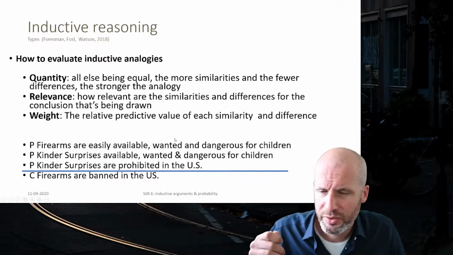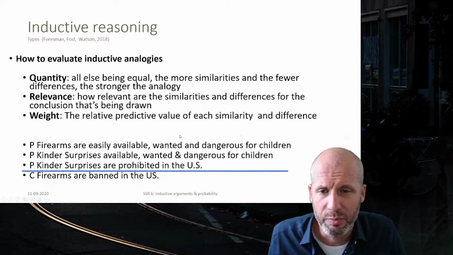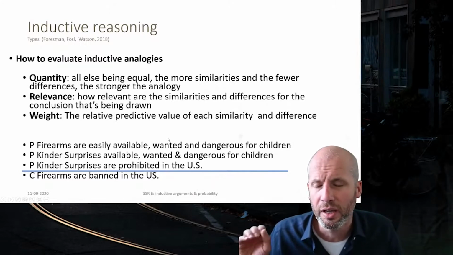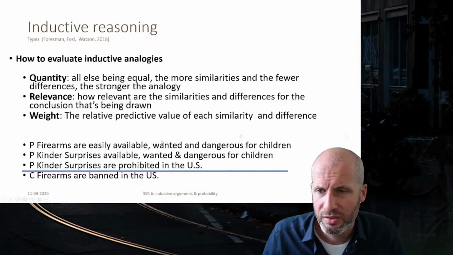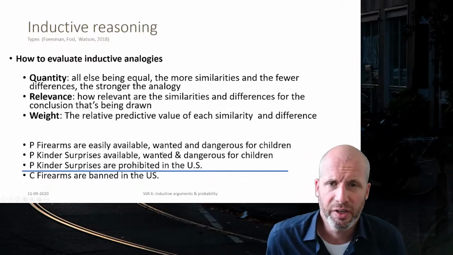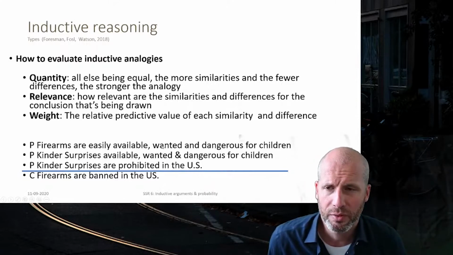Somebody tries to convince you that something is the case because of similarities between two examples, right? So firearms have certain characteristics. This toy or treat has certain characteristics, therefore they should be treated the same, or therefore the same applies to both examples.